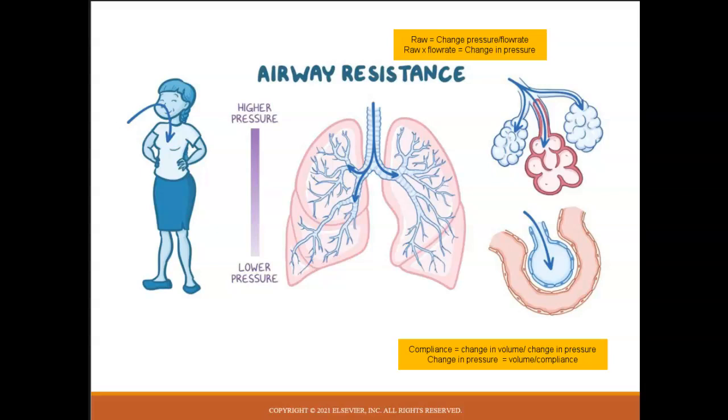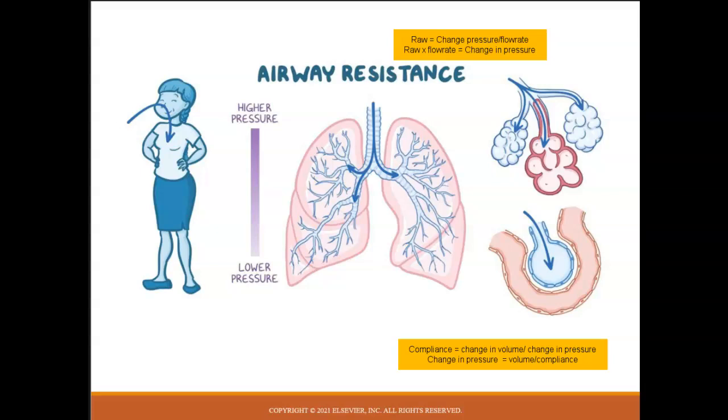All right. So what I'm trying to demonstrate with this math is that this pressure gradient, in order for volume to enter my lungs, has to equal the airway resistance times the flow rate and the volume divided by the compliance.